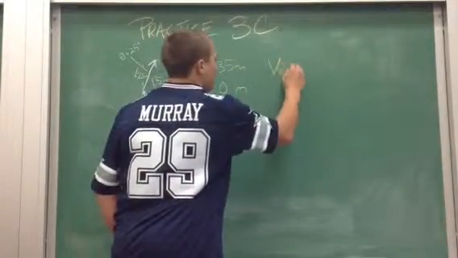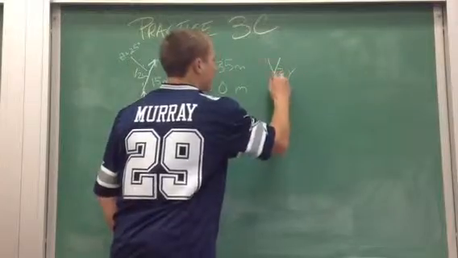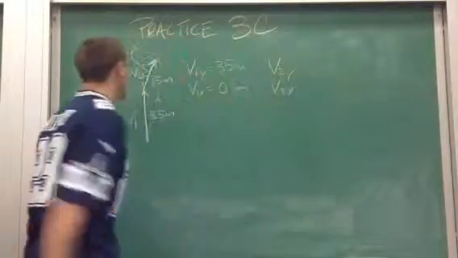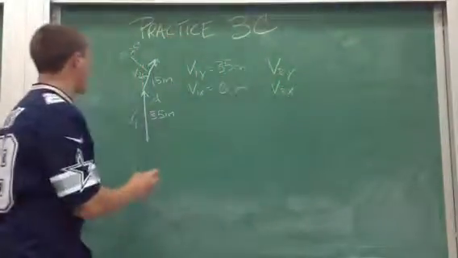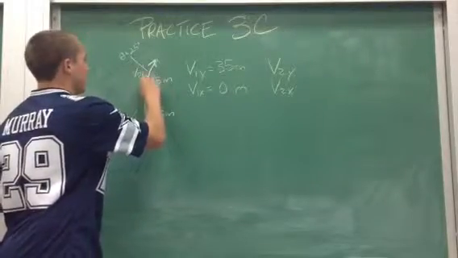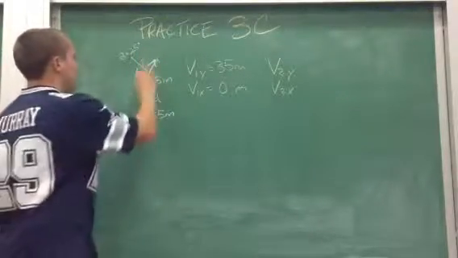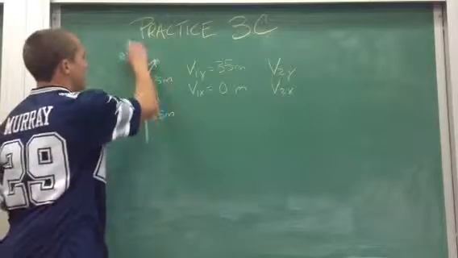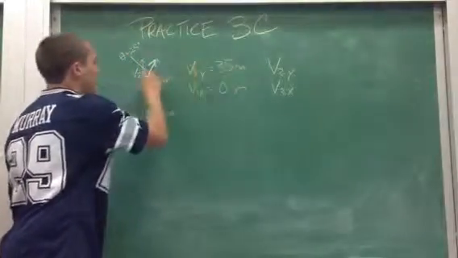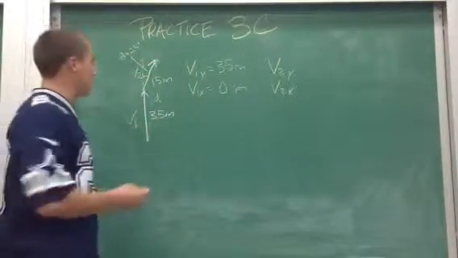So, vector 2y and vector 2x. Let's start off with vector 2y, which will be right here. Since our angle is right here, 25 degrees, vector y is adjacent, so we're going to use the cosine function.